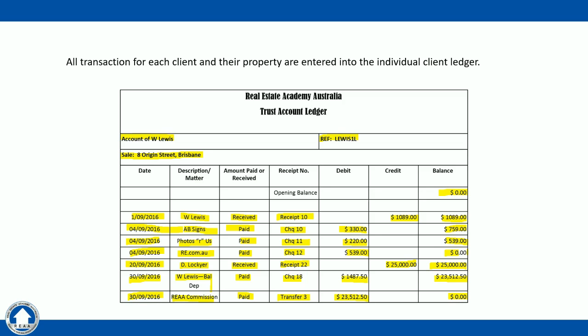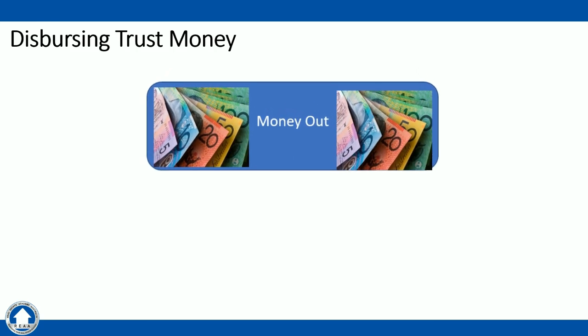Now that we have looked at the processes involved when we are receiving money into the trust account, we are going to look at what happens in the processes for dispersing or paying money out of the trust account.